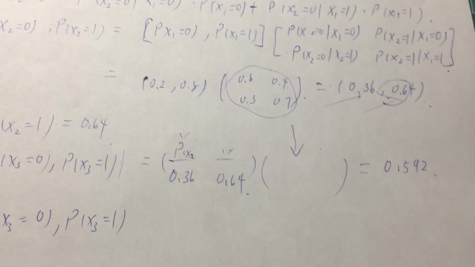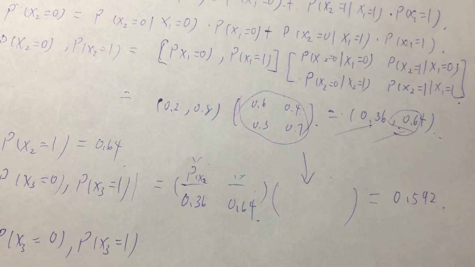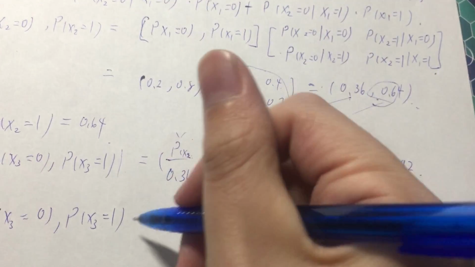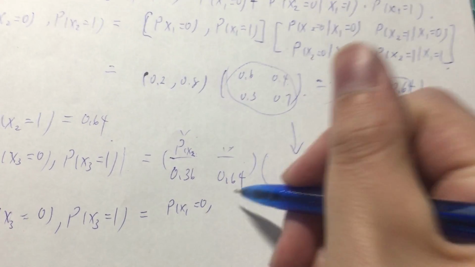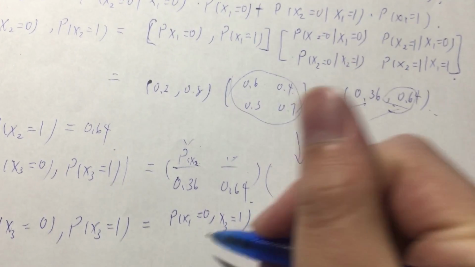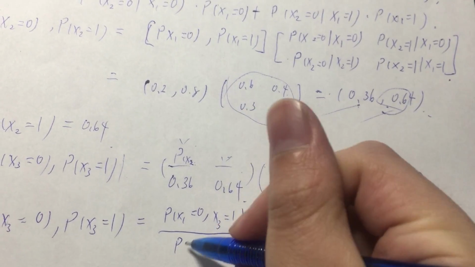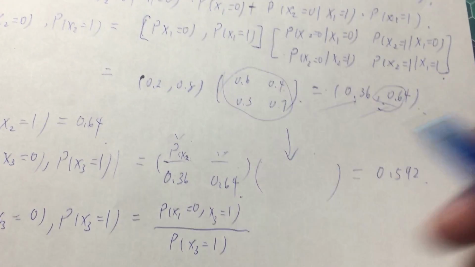And from this we can write the function in short as P(x1 = 0, x3 = 1) over P(x3 = 1).